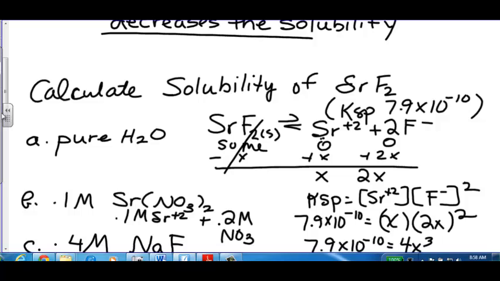If you increase the concentration of strontium ions, the equilibrium shifts left, and so less strontium fluoride will dissociate, right? That's what we mean by the common ion effect: the presence of a common ion suppresses dissociation, because it's like increasing one of their concentrations compared to what they'd be in pure water.